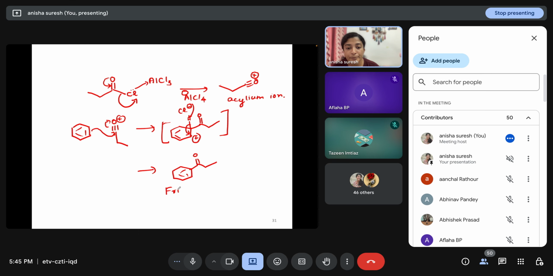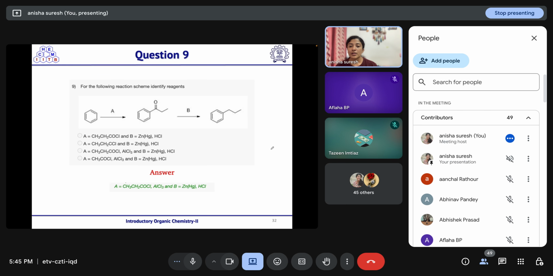So this is the Friedel-Crafts acylation reaction. And this ketone can be selectively reduced in the presence of zinc amalgam, leading to formation of this aromatic alkane. Okay, so option C is the right answer.